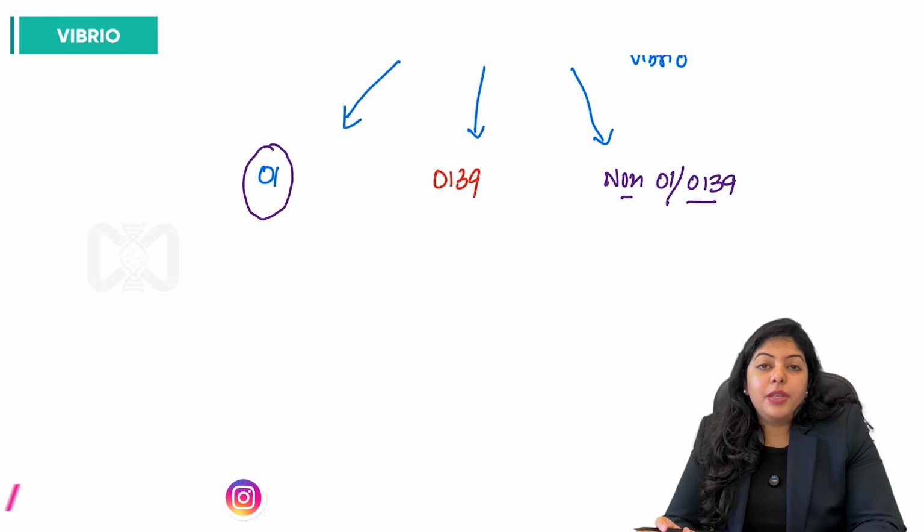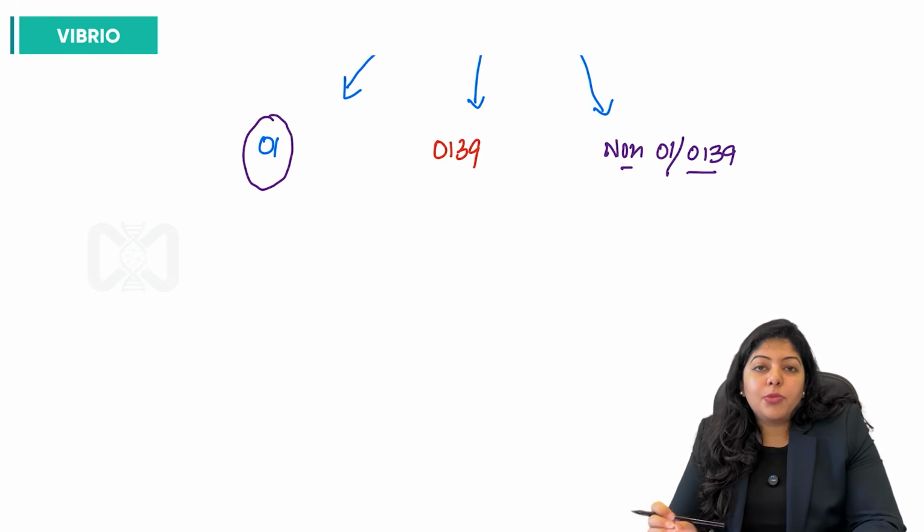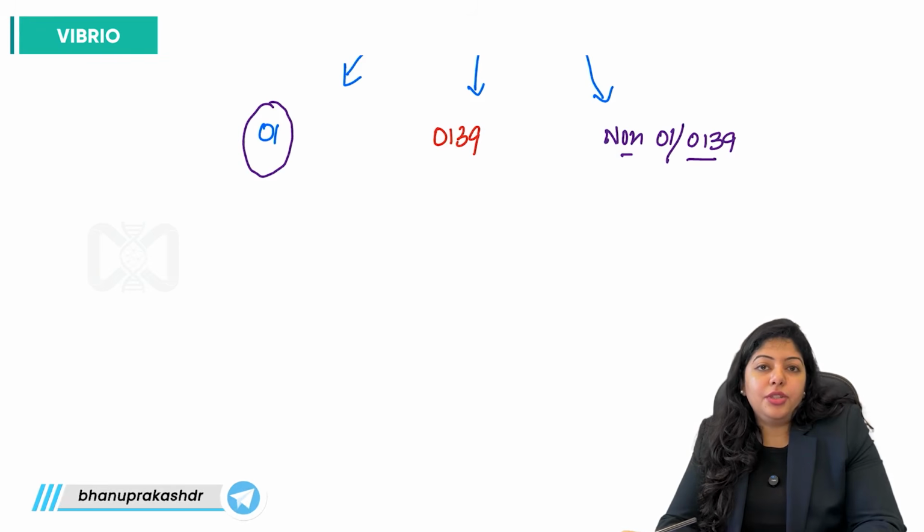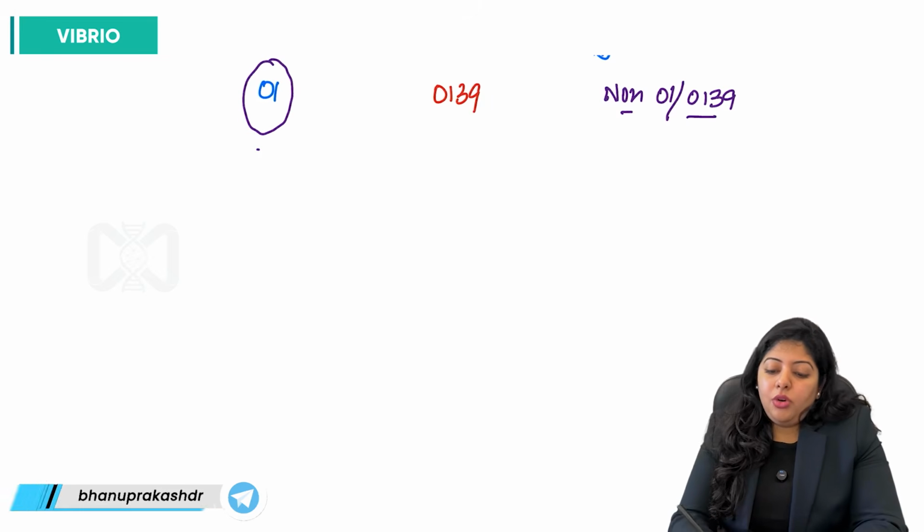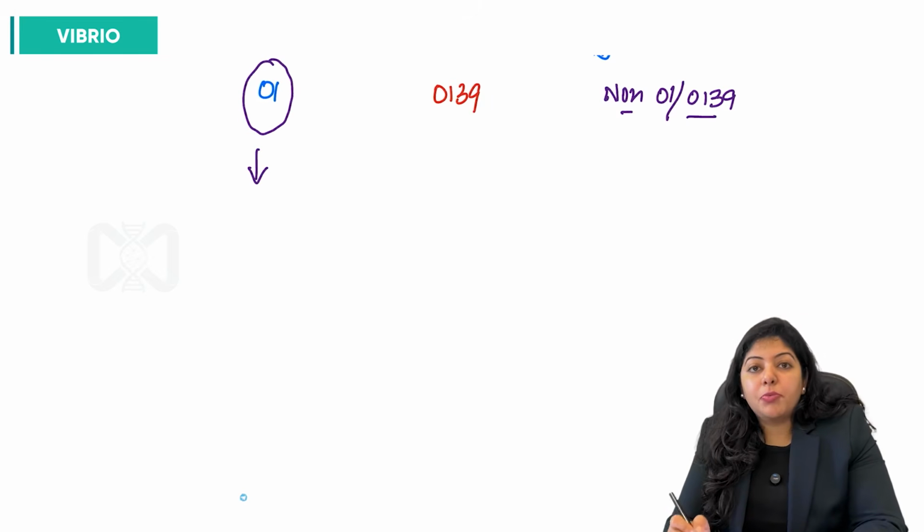The CEO is the hero of the company. He is responsible for the maximum number of responsibilities, and he's given maximum charges. So O1 has been responsible for all the major reasons.